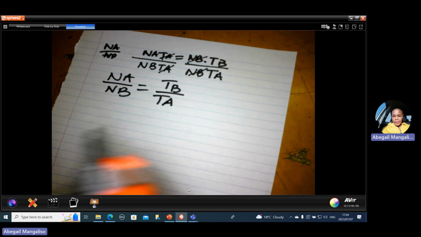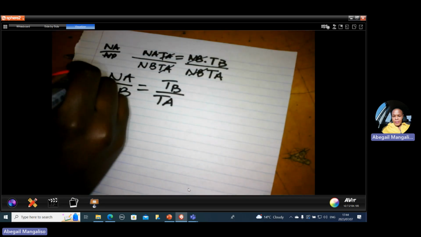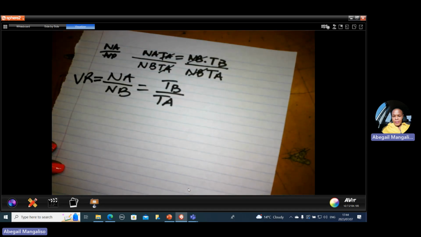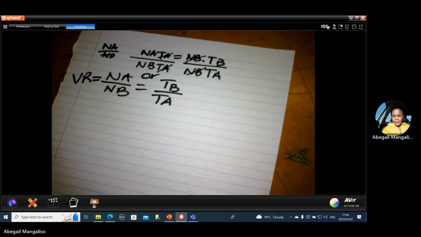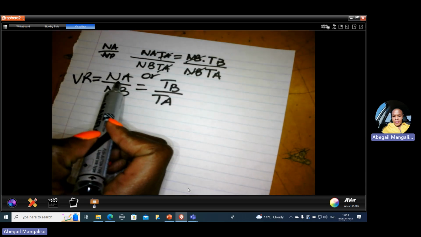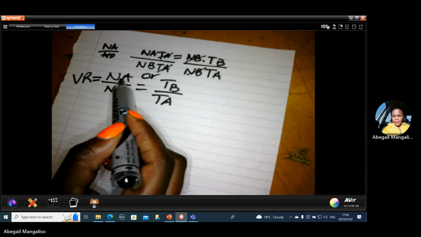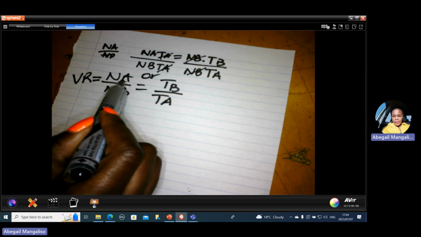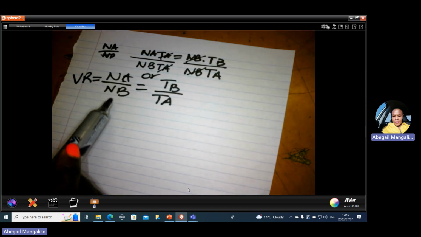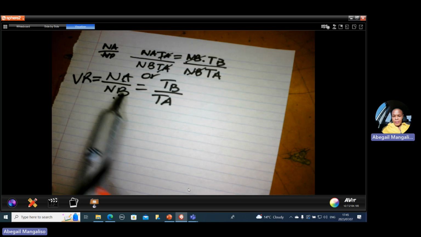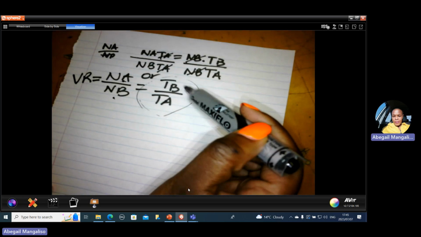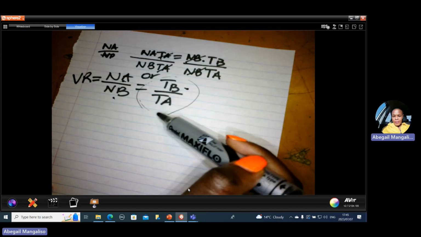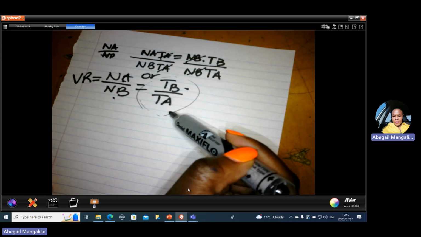So you can calculate a velocity ratio using rotational frequency or using the number of teeth. But when you are using the rotational frequency, the effort or the driver is the numerator, whereas the driven is the denominator. When we are using the number of teeth, the driven is the numerator and the driver is the denominator.